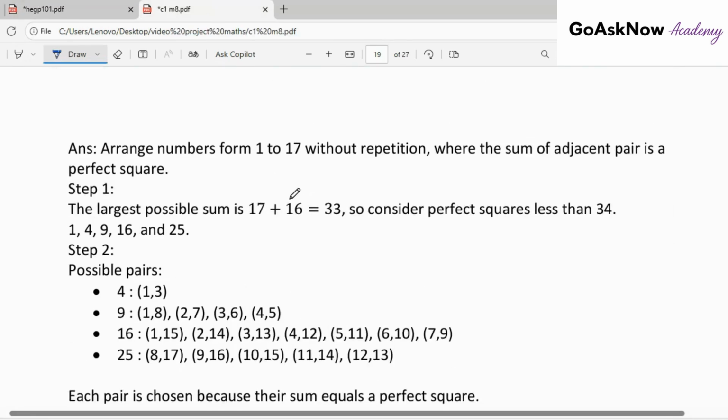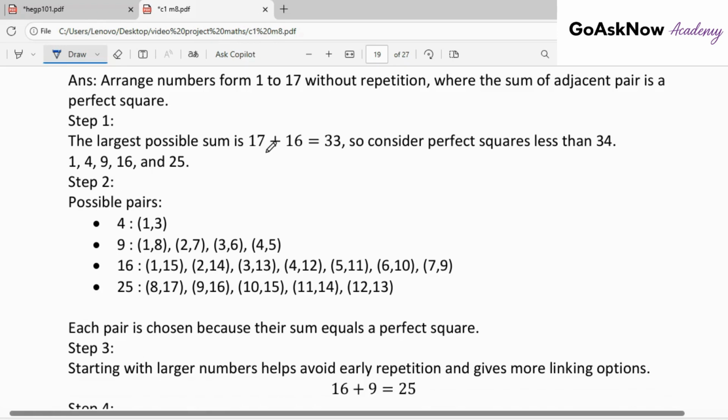Now, for the first one, arranging the numbers from 1 to 17 without repetition where the sum of each adjacent pair is a perfect square. The largest possible sum is 17 plus 16, which is equal to 33. Consider the perfect squares less than 34, which are 1, 4, 9, 16 and 25.